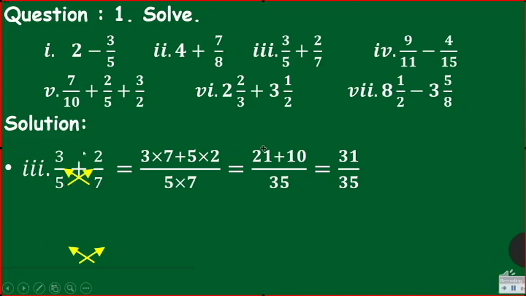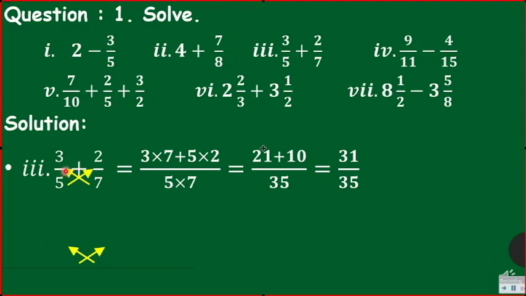What do we need to do here? We only need to multiply the denominator of the fraction with the numerators. See the procedure. First we will multiply the denominator of the second fraction with the numerator of the first fraction. Afterwards, use the sign, then multiply the denominator of the first fraction with the numerator of the second fraction, or you can say cross multiplication.